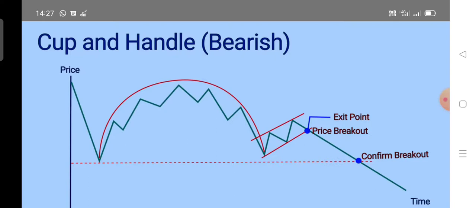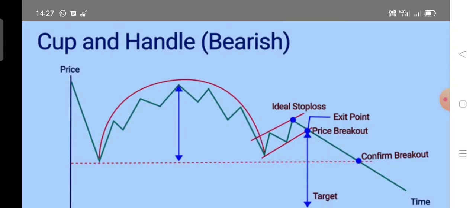If there is a breakdown from the edge of the cup, someone should take a short trade with the stop loss above the handle of the cup or any potential swing high formed there, and the target should be the depth of the cup, that is the distance between the edge of the cup and the top of the inverted cup.